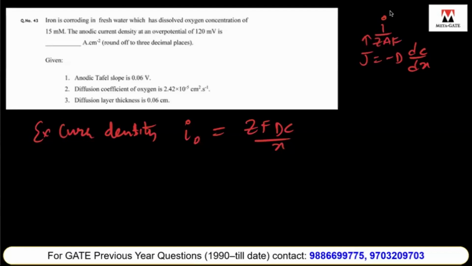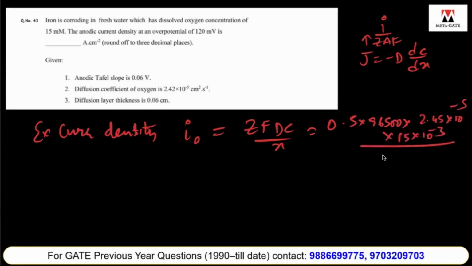This I by A is the I naught, which is exchange current density. So you can get this as 0.5 into 96,500 into diffusion coefficient 2.45 into 10 power minus 5 into concentration 15 millimolar, divided by 0.06, which is equal to 0.291.